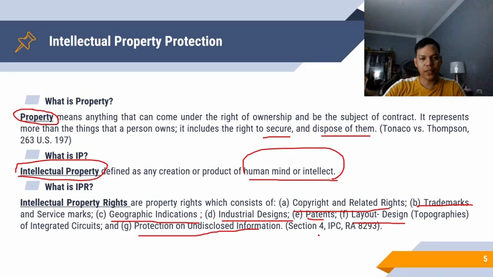It is according to Section 4 of Intellectual Property Rights, RA 8293. So these terms are relevant in order for us to fully understand what intellectual property rights are.